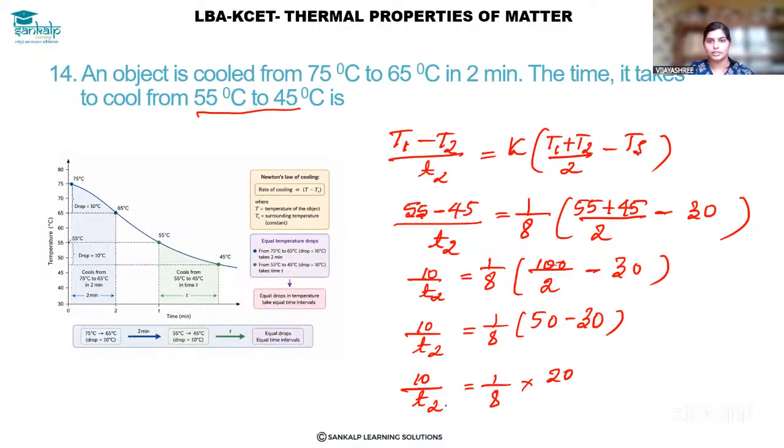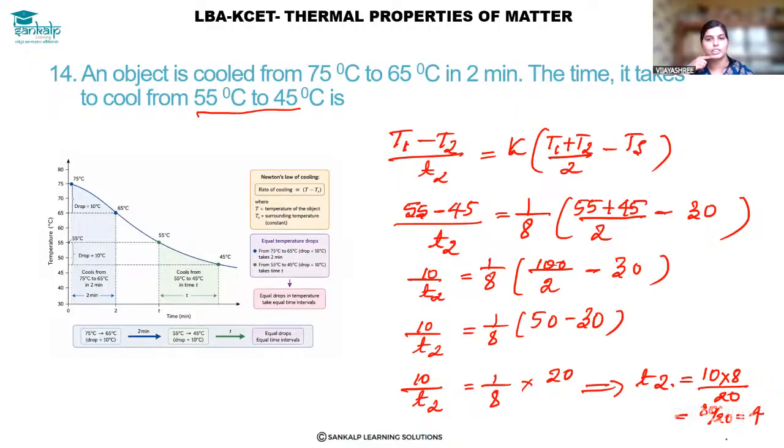So when we simplify this, what does it become? t2 equal to 10 into 8 divided by 20, which is 80 divided by 20, which is equal to 4.